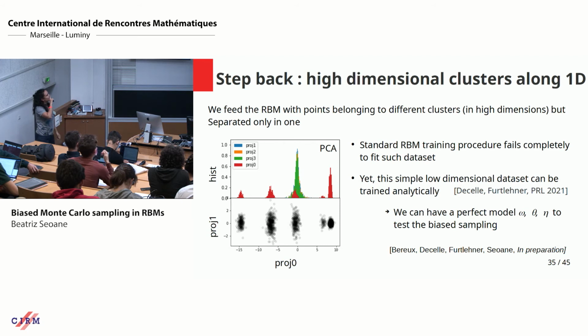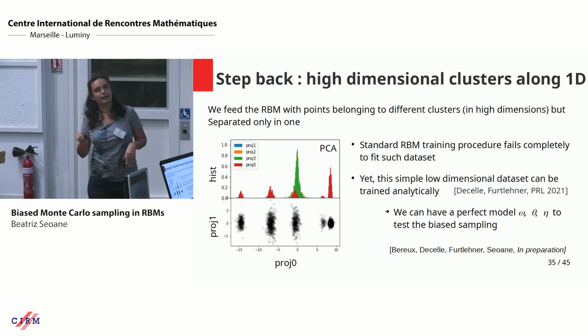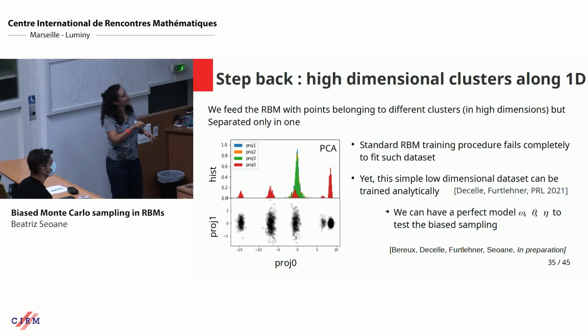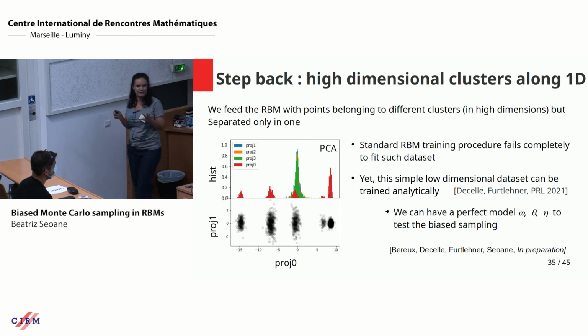So we took a case in which we know that we can get a perfectly trained model, which was done in a recent work by Aurelien and Cyril: clustering in high dimensions, with 5 clusters which are only separated along one of the spatial directions. In that case, they can solve the problem analytically and get a perfect model.